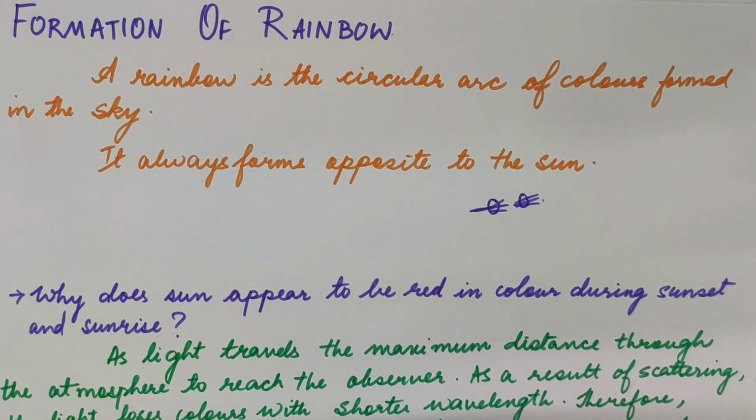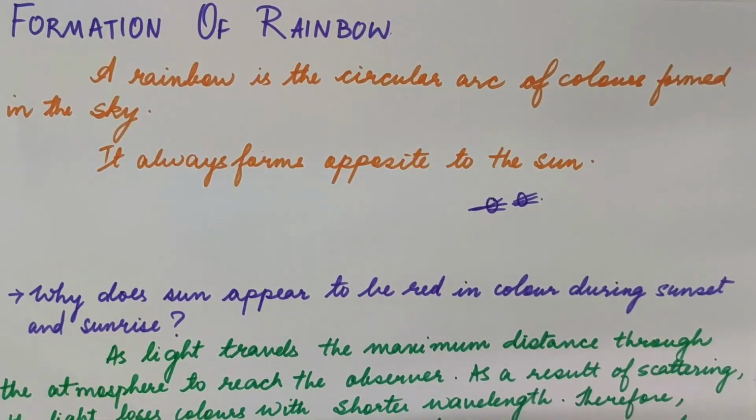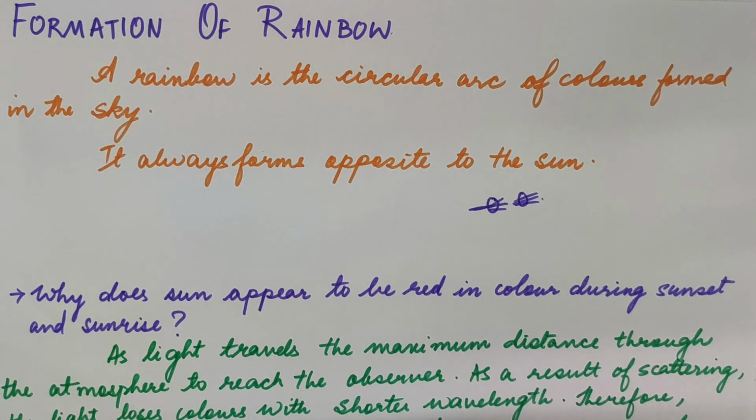Each tiny droplet is acting as a prism which is optically denser than the air around it, and thus the light ray suffers refraction. Each color inside the water droplet travels at a different speed, thus it does not come out at the same time, and the splitting of colors is seen in the form of a spectrum which we call the rainbow.